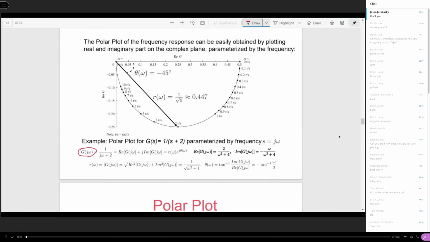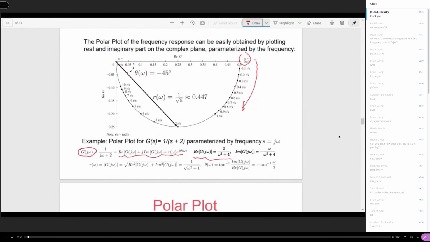By setting up the formula here, and then you can calculate it point by point by given the value of the omega. For example, in this figure, it shows that when the omega runs from 0 to infinity, this one corresponds to omega equal to 0, and this one corresponds to omega equal to infinity, right?